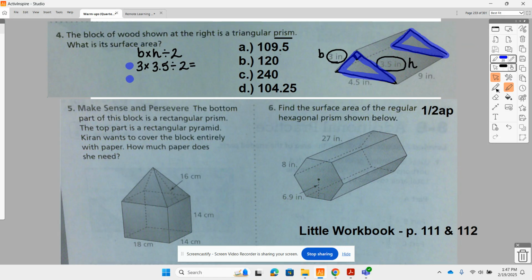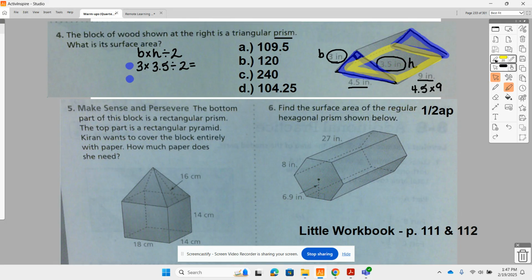Now your rectangles are all going to be different sizes. The first rectangle, I'll make it yellow here, I'm going to put on the bottom. This rectangle is 4.5 by 9.